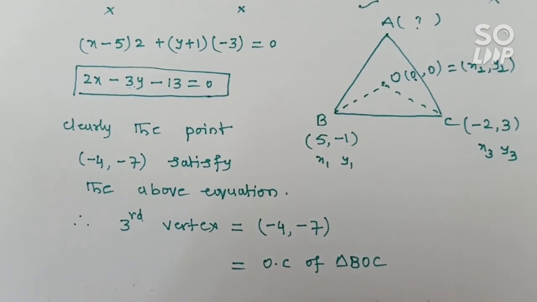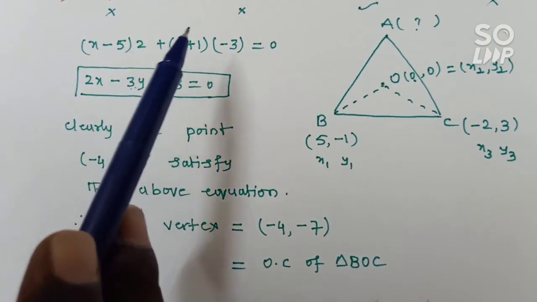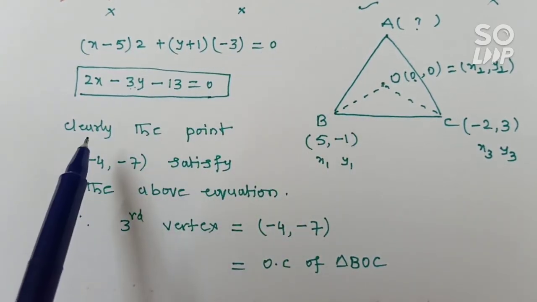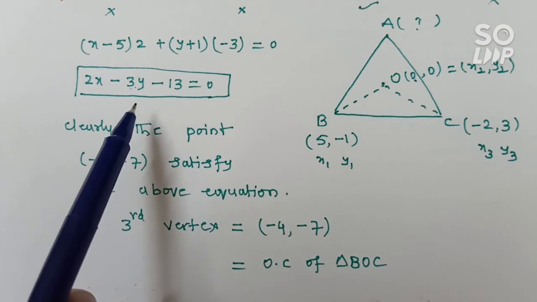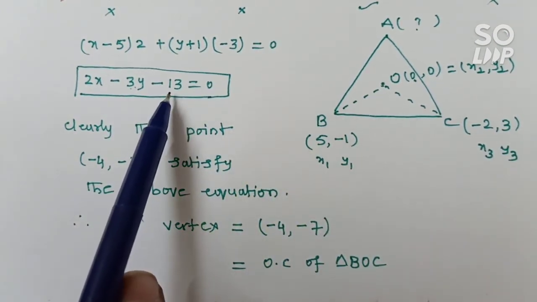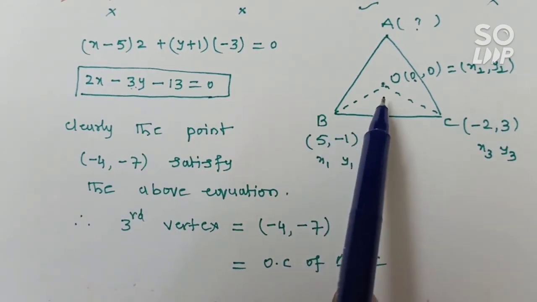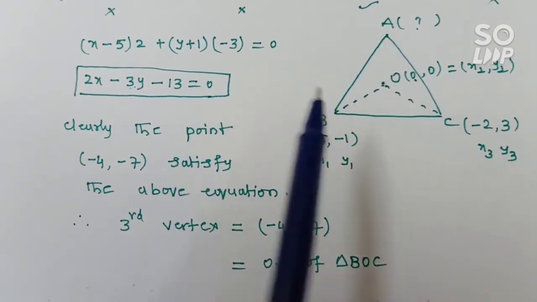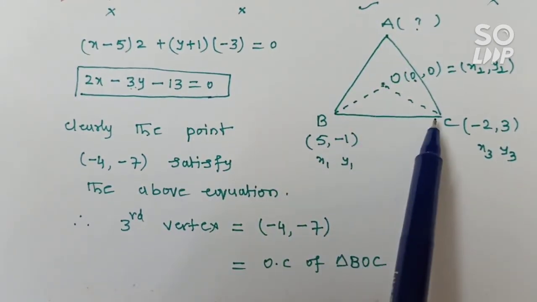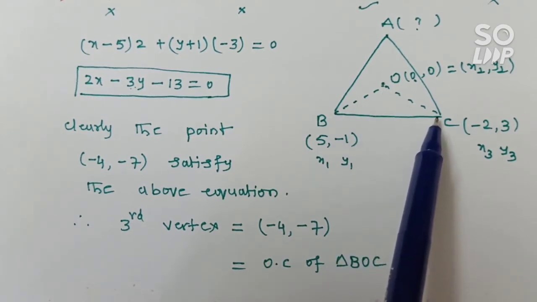Suppose somebody has a doubt: in case two options are satisfying this equation. Suppose two options are satisfying this equation, in such cases we should find one more altitude. Here this one is the altitude passing through vertex B, right? And next, if two options are satisfying the equation, you find another altitude passing through either the origin or C, right?